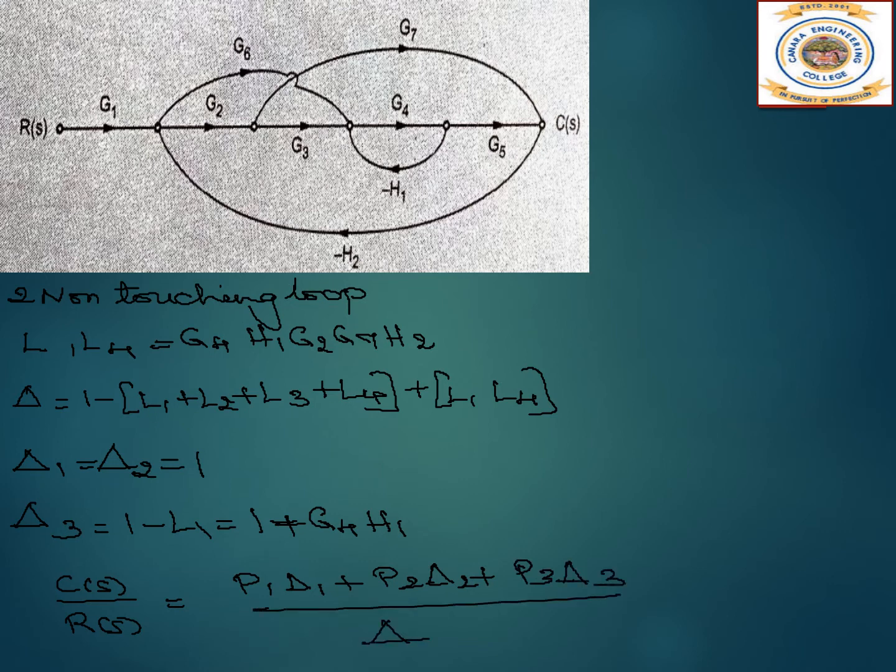Next is only the substitution. So let us substitute and write the final answer. So C of S by R of S equal to, in the numerator we have all the forward paths. So we'll just write it down. So here we have G1, G2, G3, G4, G5 plus G1, G6, G4, G5 plus G1, G2, G7.